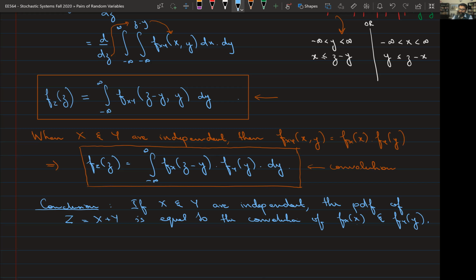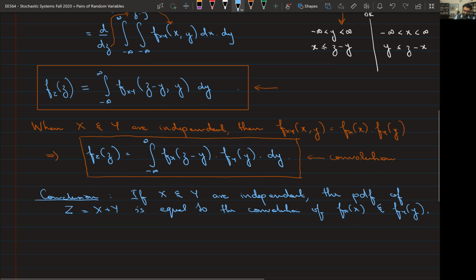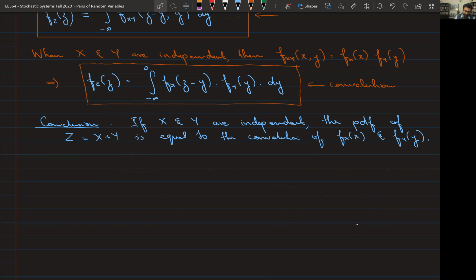Any questions here before I do another specific example? All right. So for this example, let's say X is Gaussian, 0 mean, variance sigma squared.